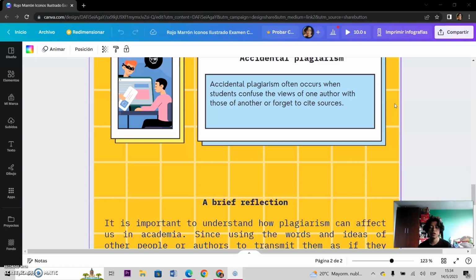It is an unintentional act that involves an incorrect reinterpretation or misquotation of the original source. This often happens in academic papers because students do not always follow the rules for citing sources correctly. However, these plagiarisms can occur through negligence, error, or unintentional paraphrasing.